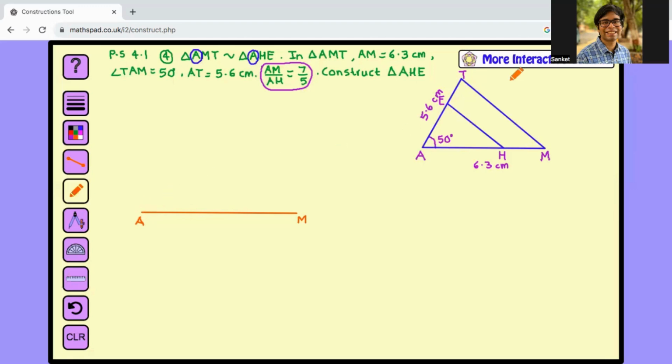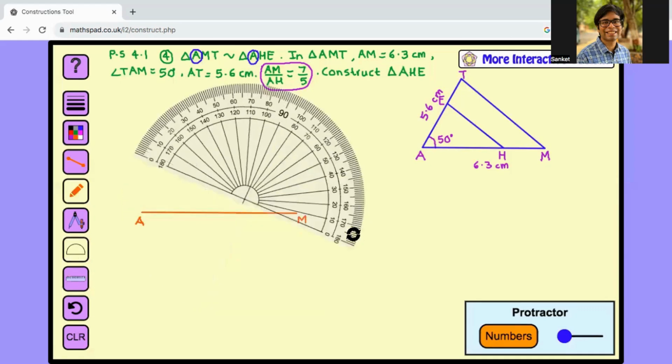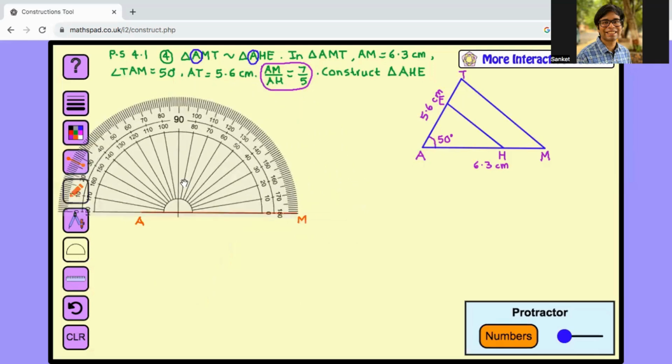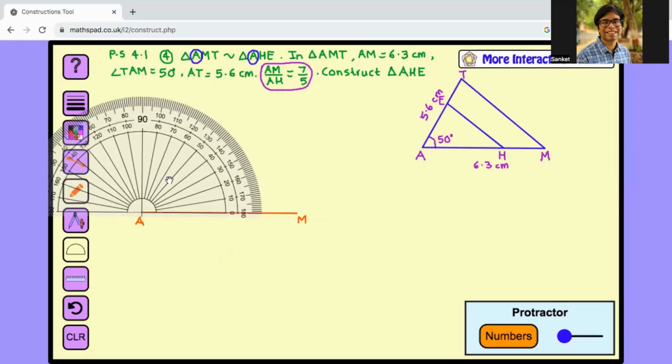Now I need to locate point T. For that, I know this angle is 50 degrees. So I need my protractor. I'm going to place the center of my protractor at point A and mark 50 degrees here, starting from 0, 10, 20, 30, 40, and 50.